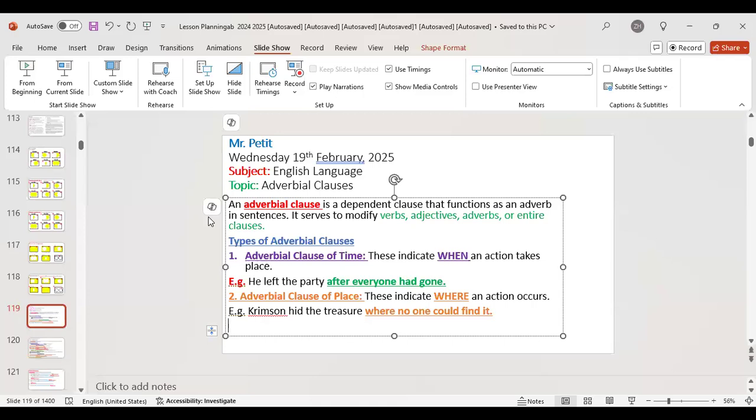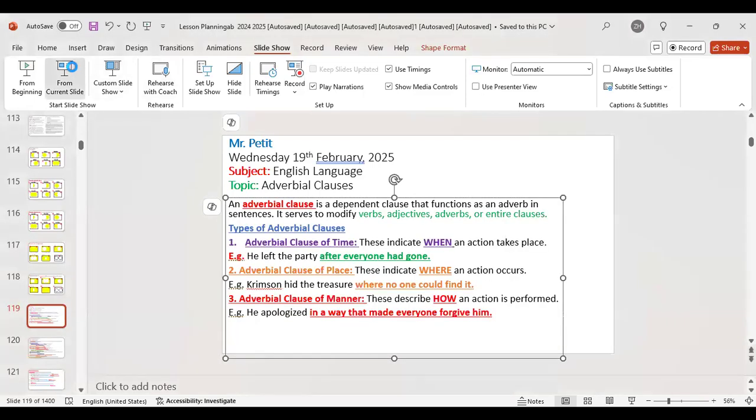Adverbs tell us when, adverbs tell us where, adverbs tell us to what extent, and adverbs also tell us the manner, or how something is done. Okay, the manner. So let's go ahead and talk about this third adverbial clause.